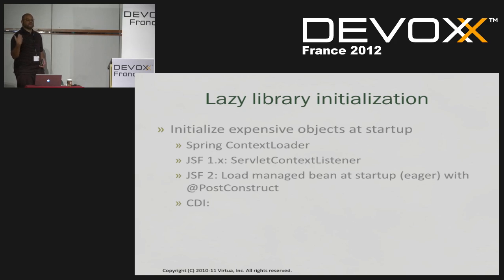The eager attribute says load this at startup. So you could have an application scoped managed bean that's eager, that does whatever expensive initialization up front in the PostConstruct method. Essentially that gets instantiated at startup, the method gets called at startup, and then you can do whatever expensive connections you have to do, okay?